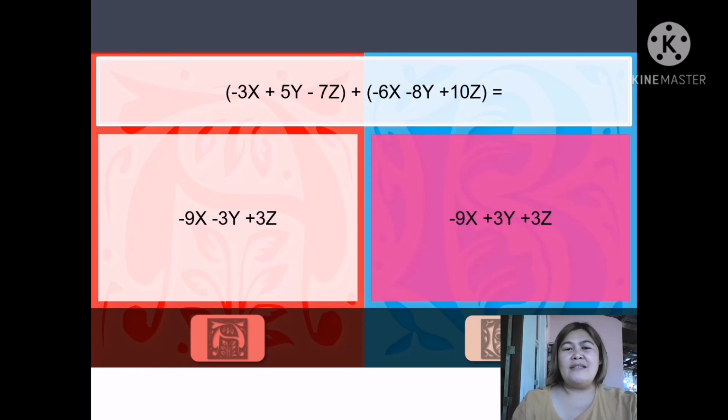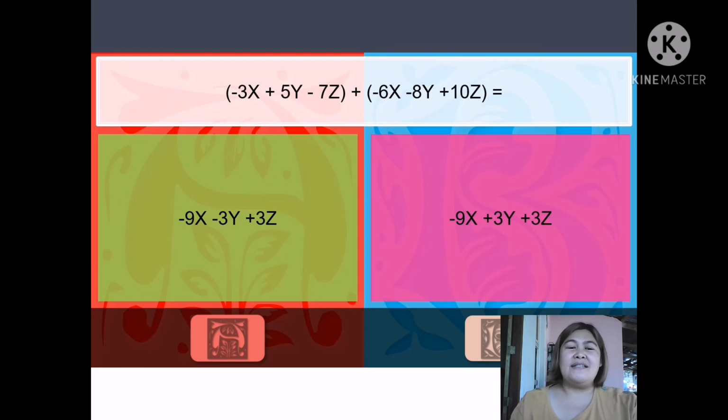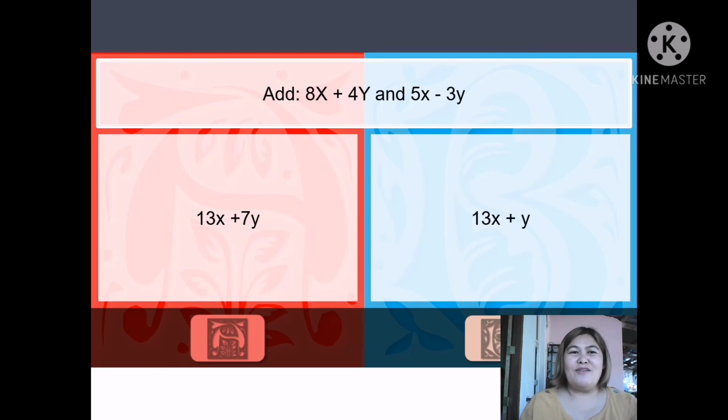Okay, so the answer is A. Negative 9x minus 3y plus 3z. Okay, very good. I hope you got the first question.